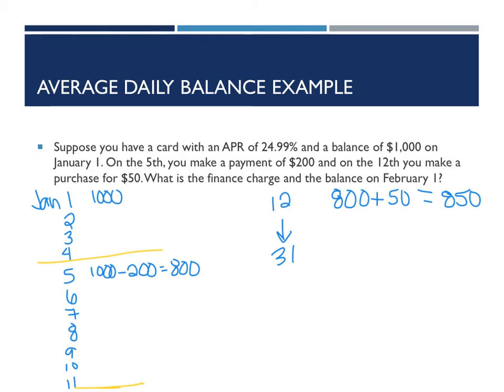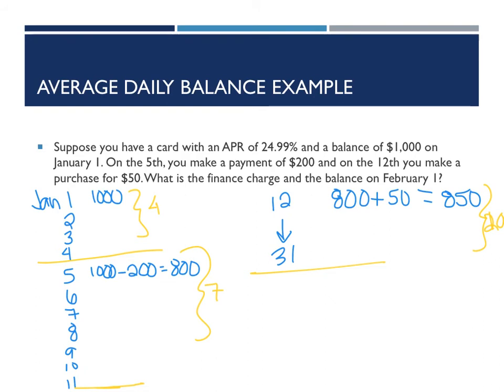So I'm going to put a few notes on here. These first couple of days, we have 4 days. The next set, we have 7 days. And this last amount at $850, we have 20 days. Now we need to set up our problem to find the average daily balance.